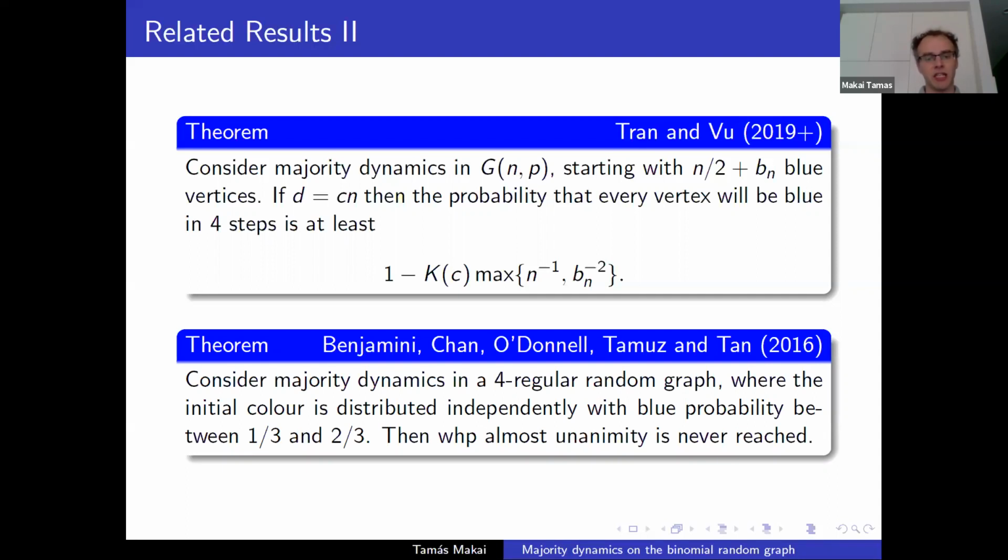So for example, Benjamini, Chan, O'Donnell, Tamás, and Tan showed that if we consider the 4-regular random graph and we assign the initial colors independently and uniformly, then there is no possibility for unanimity. So with high probability, unanimity will never occur. In fact, we don't have to assign the blue and red vertices each with probability 1/2. If the probability that a vertex is initially colored blue is anywhere between 1/3 and 2/3, this still holds.